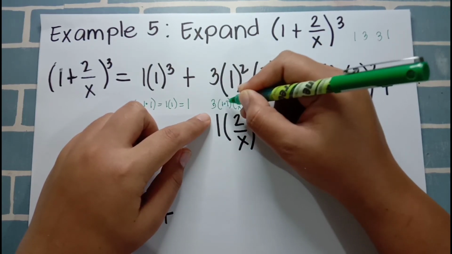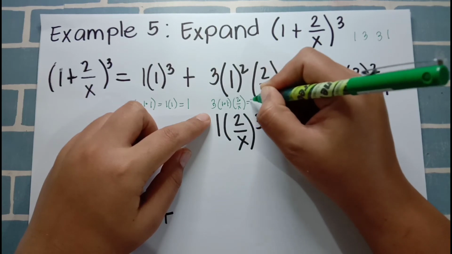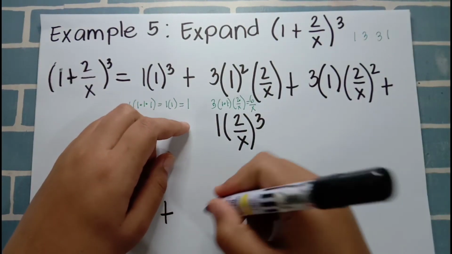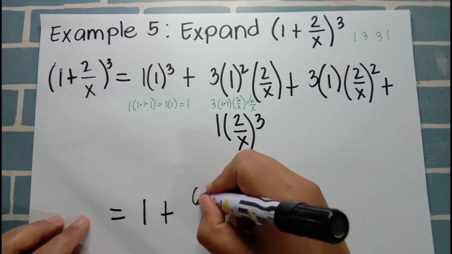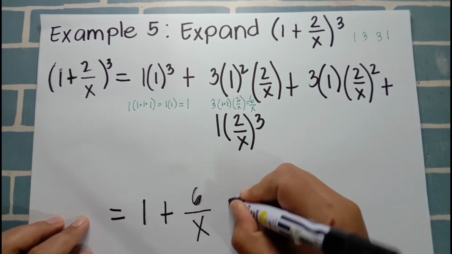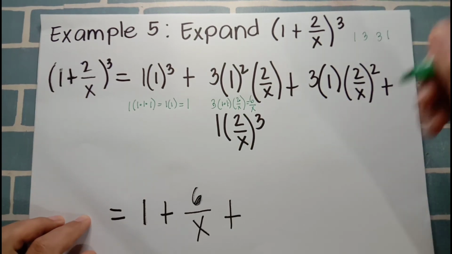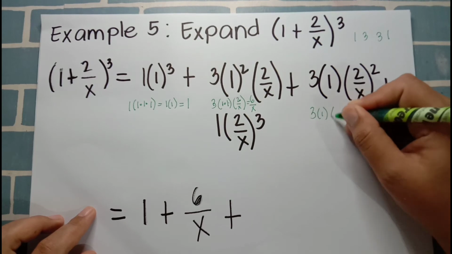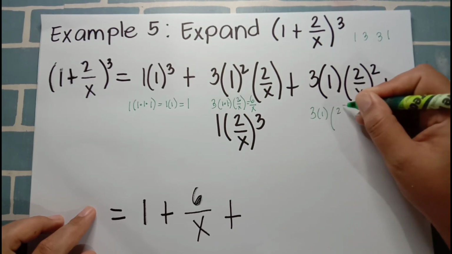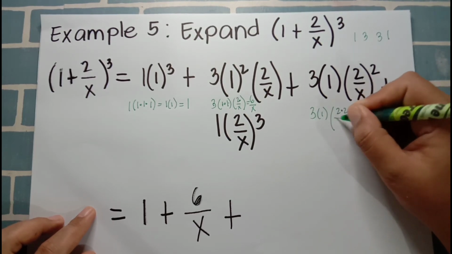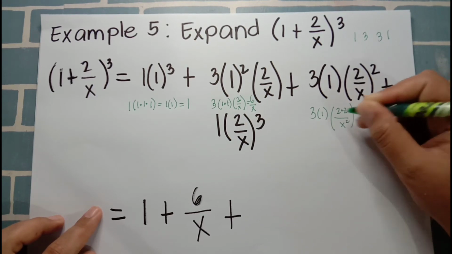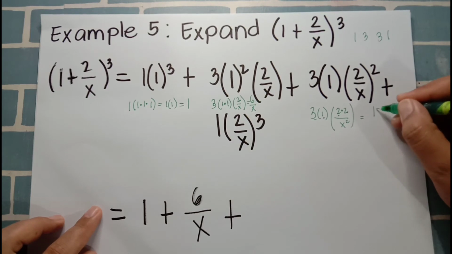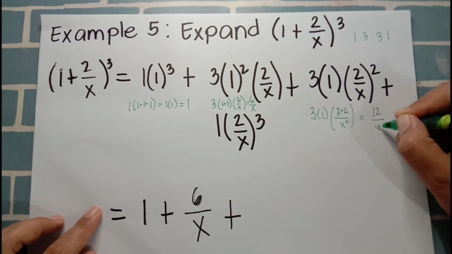So 3 times 1 is 3 times 2 is 6 over x. 6 over x plus 3 times 1 times 2 squared, meaning 2 times 2 over x squared. So 3 times 1 times 2 is 12 over x squared.